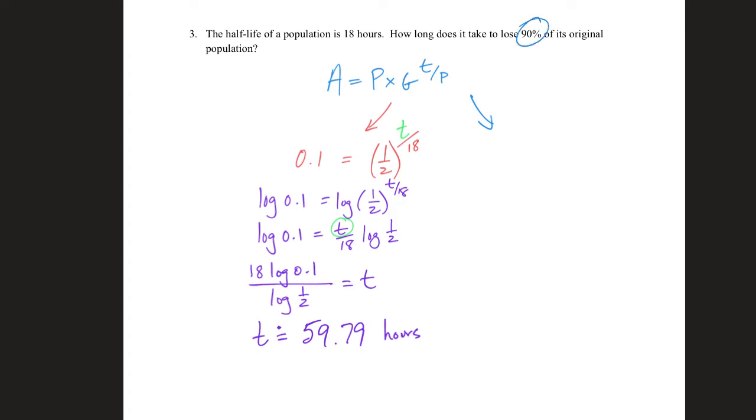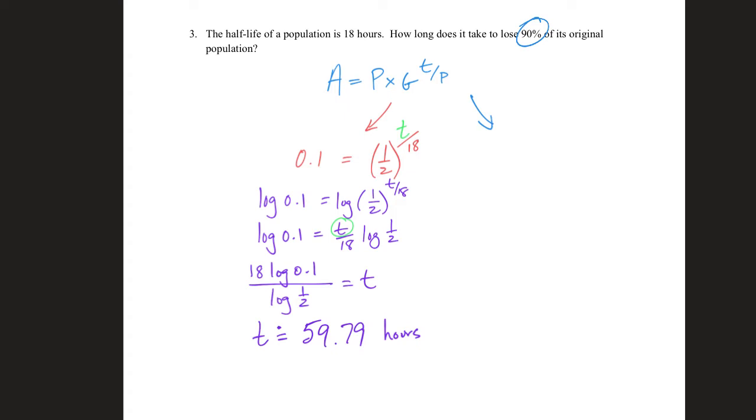Okay, this question says how long does it take to lose 90%? Well, then that means that the population is losing 90%. And if I lose 90%, then that means I have to be left over with 10%. That blue relationship always talks about what is left, what population exists, not what's gone.